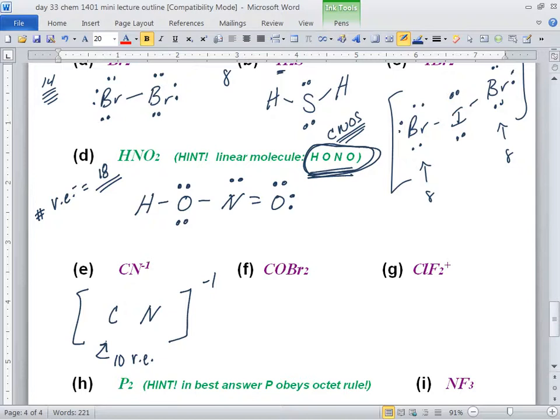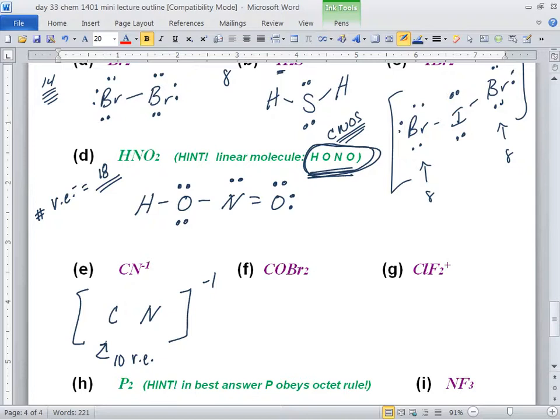Nitrogen contributes 5. And then there's an extra one because it's a -1 charge. So here's what you have in your pot. 10 valence electrons total. So around this thing, you should have 10 electrons. All you have is 4 right now. So whatever your answer is, you have to have 10 total electrons around here.